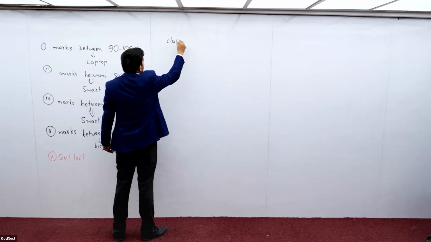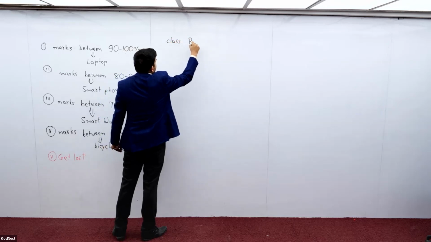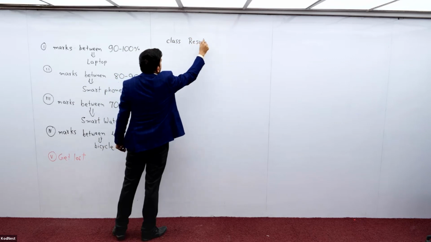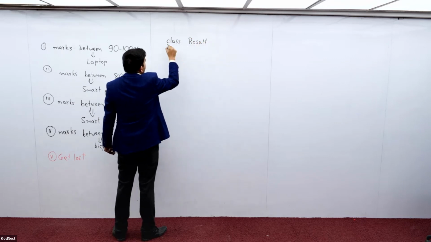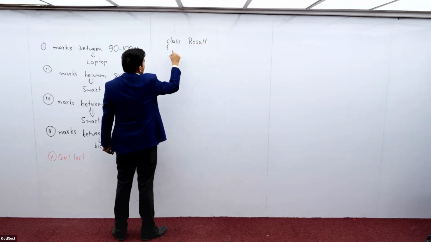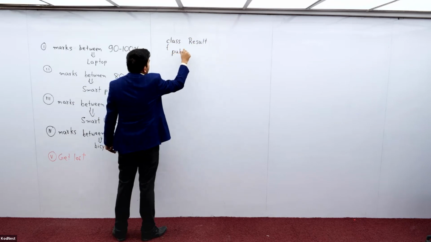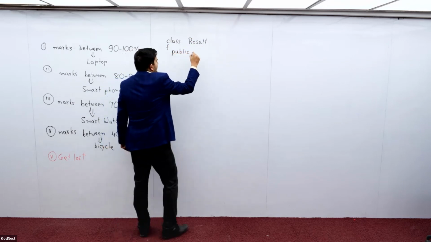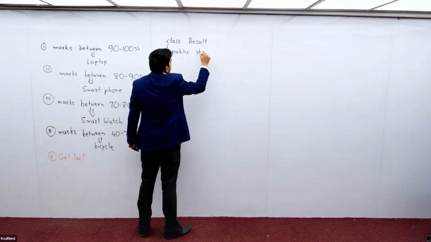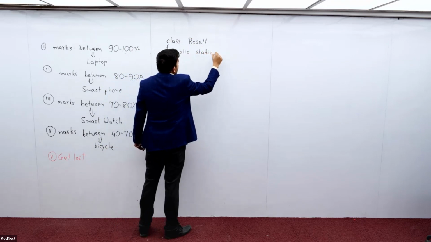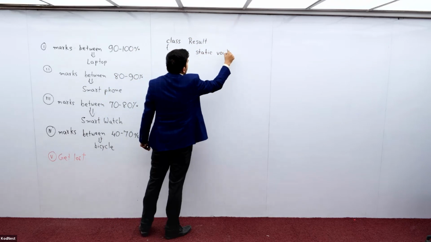I am going to define a class and call my class result. Inside my class called result, I will define a very important method, and the name of the method is the main method. So I'm going to say public static void main.